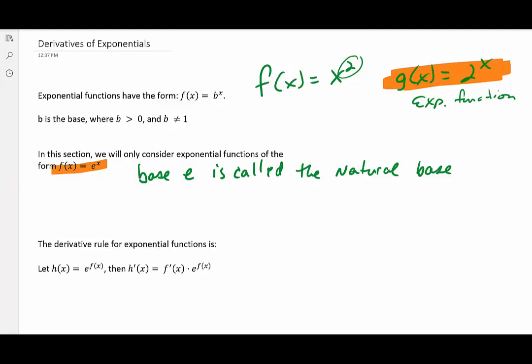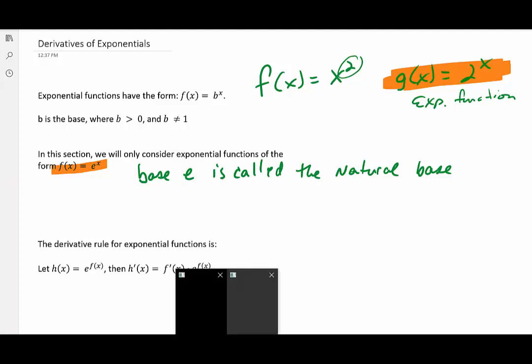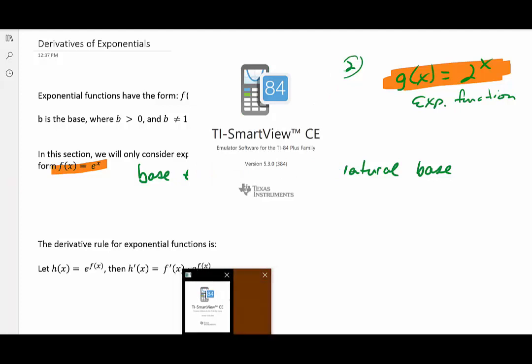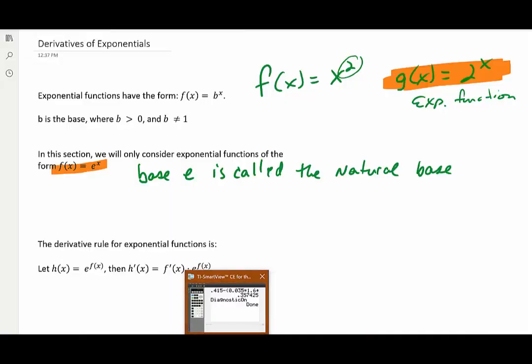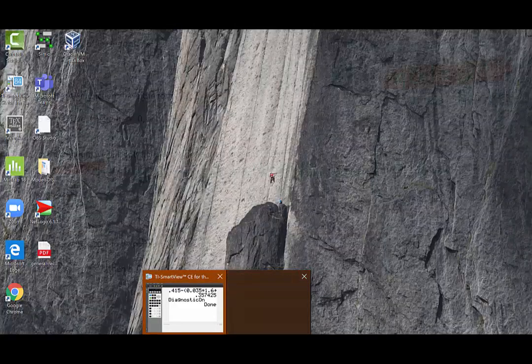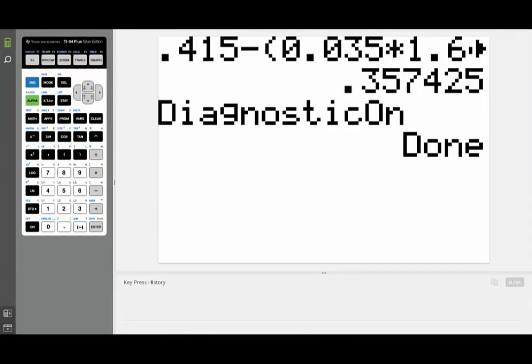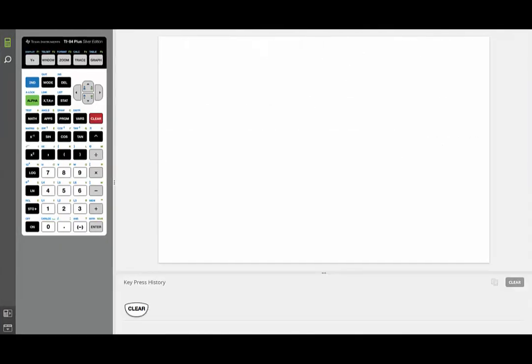In fact, give me a second here, I'm going to pull up my calculator and show you exactly what e is. To figure out e, if you have an 84, hit second, ln, which is natural log, which has a base of e.